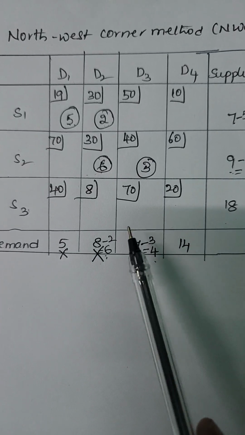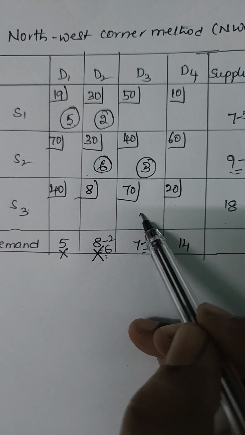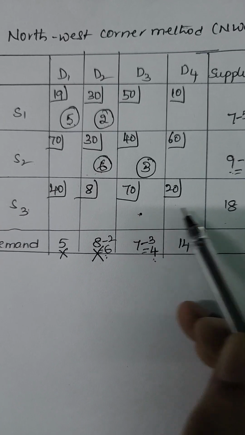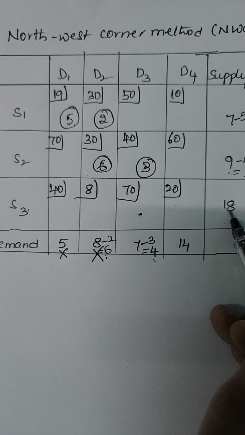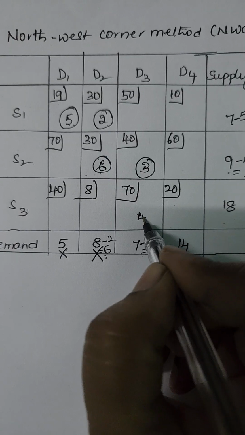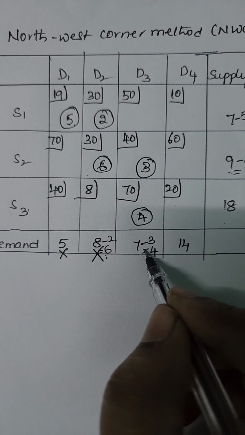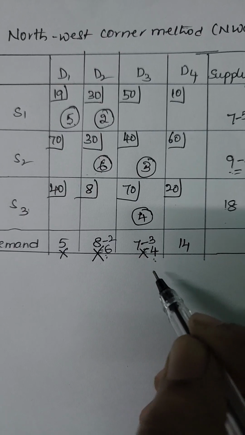Now the next northwest corner cell is this. At this cell the demand is 4 units whereas the supply is 18 units. The minimum of 18 and 4 is 4 only. We assign 4 here, so the demand is satisfied.